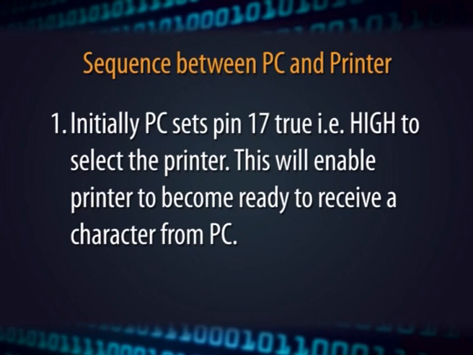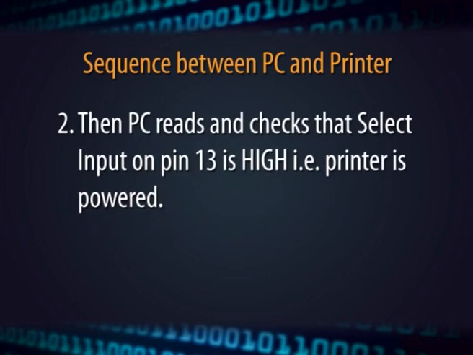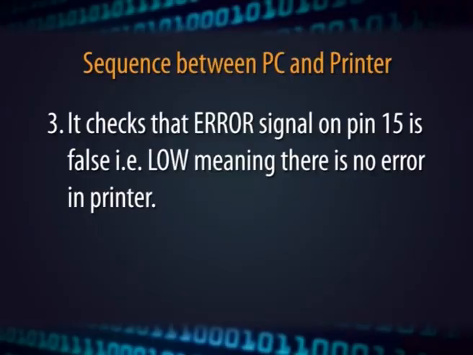This will enable the printer to become ready to receive a character from the PC. 2. Then the PC reads and checks that the select input on pin 13 is high, that is, the printer is powered. There is no point in sending a character to a printer which is either not powered or not ready to work yet. 3.